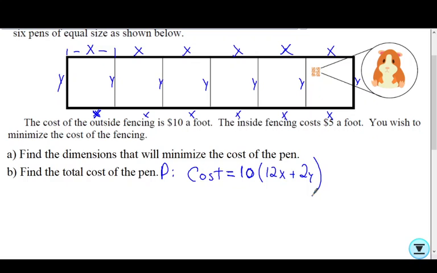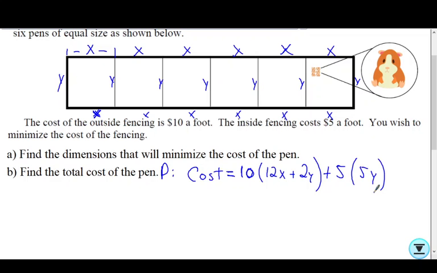Then I add the interior pieces, which are $5 times I have 1, 2, 3, 4, 5 y pieces that are the inside fencing.